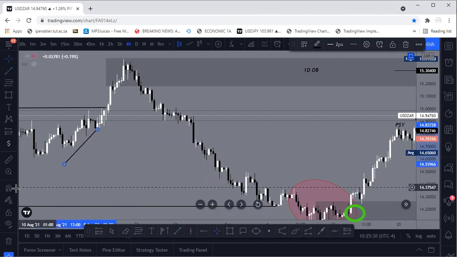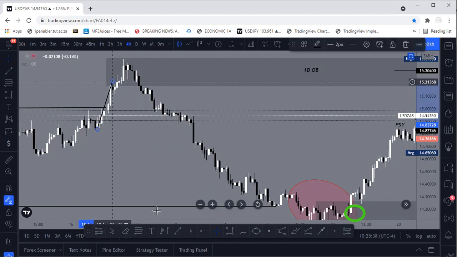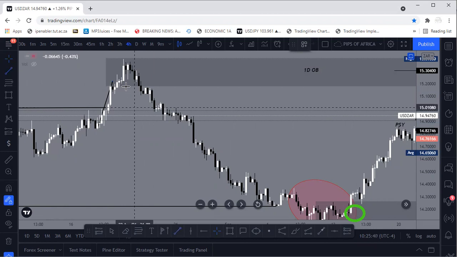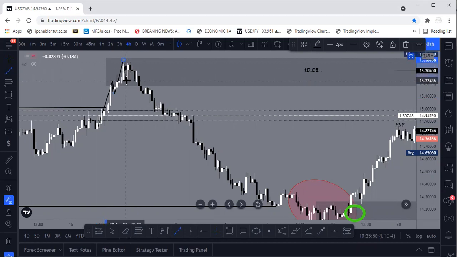The push higher. The push down. Push higher. Push down.